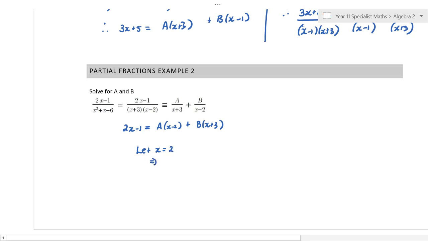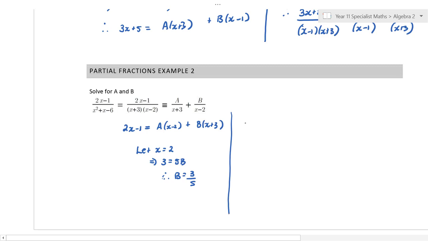Now that implies that 3 is equal to 5b. So therefore, B is equal to 3 on 5. That's what I got. Maybe it's wrong. I don't know. We'll check in a moment.